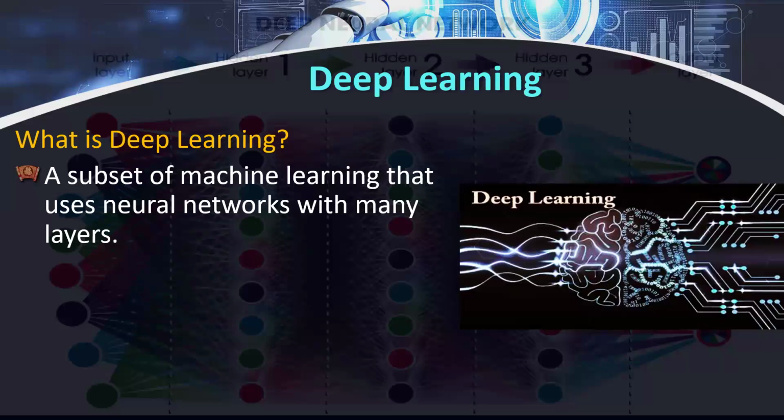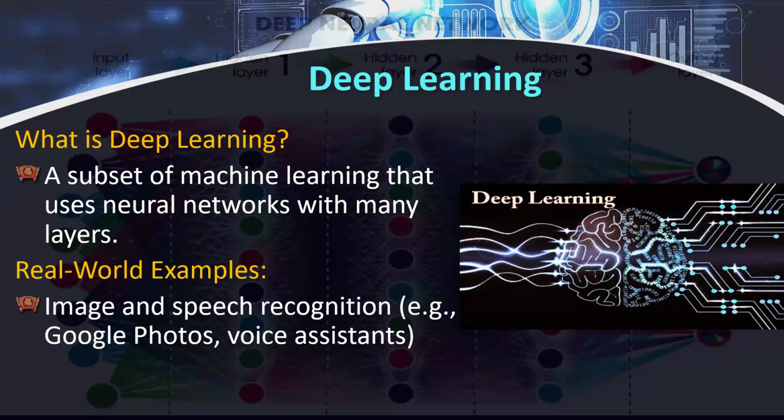So that type of complex neuron system that works in a human system is what is simulated in deep learning. And a good real world example is image and speech recognition, e.g. Google Photos and voice assistants. Yeah, they have to listen to your accent. They have to understand what language you are talking in, okay?